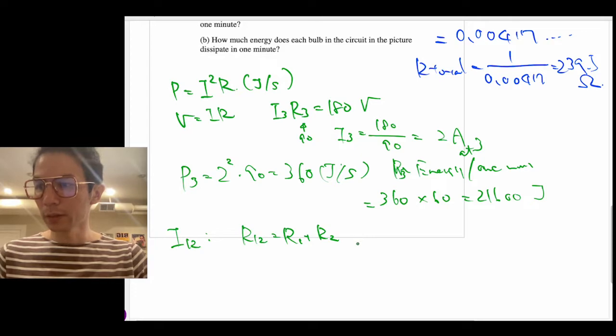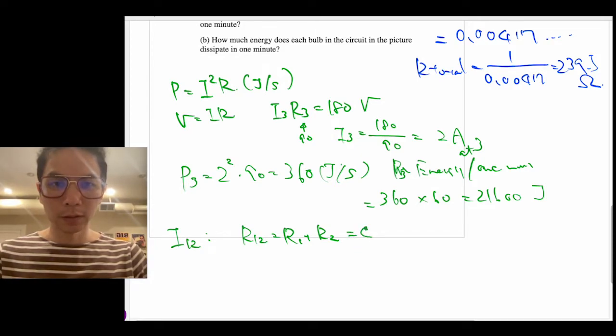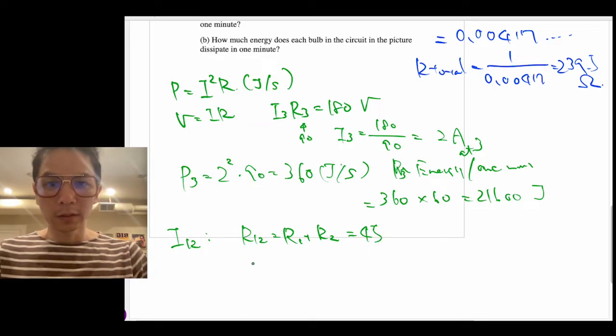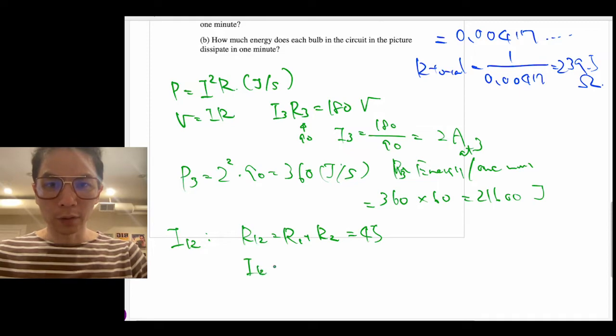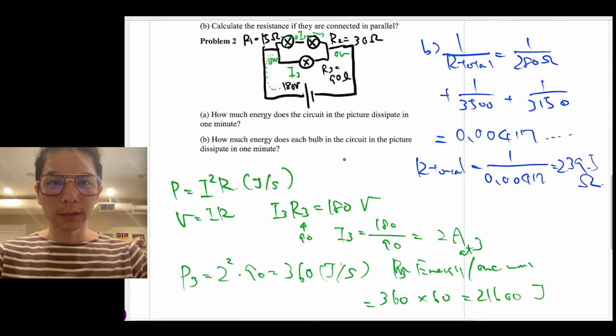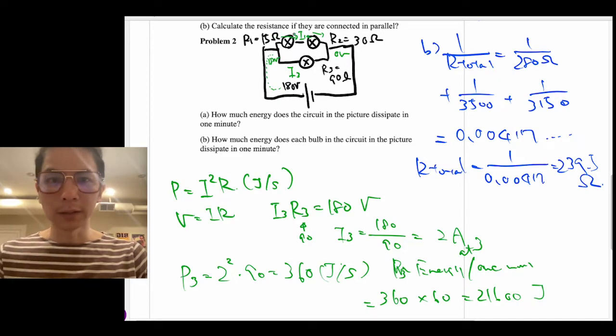So you can simply say that this is 45. Then you can calculate I12 equals 180 divided by 45, which is going to be 4 ampere. So now you see that in this upper branch, there are 4 ampere of current going through R1 and R2.